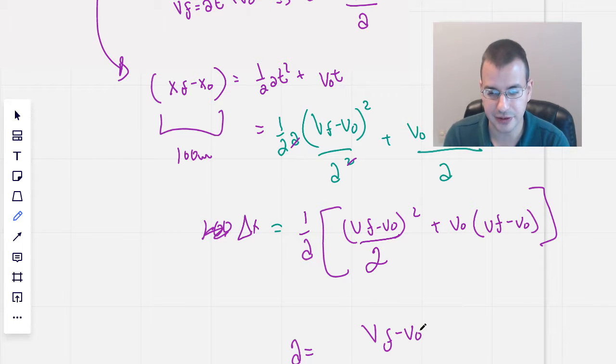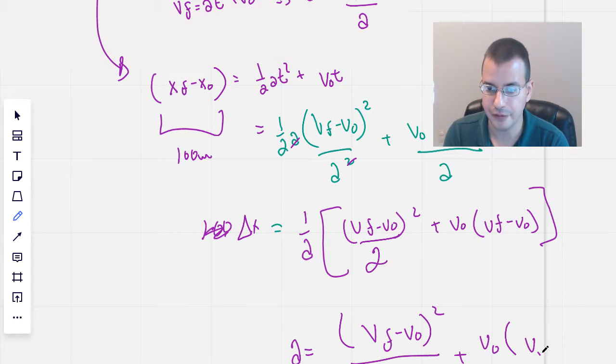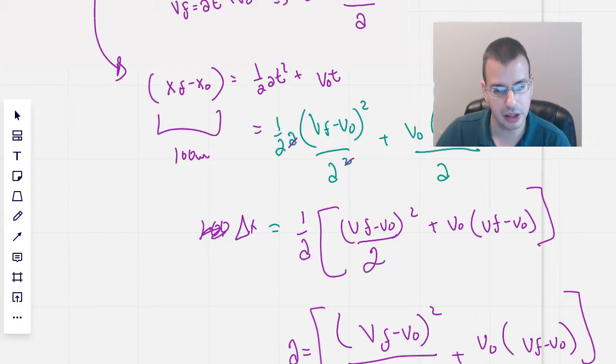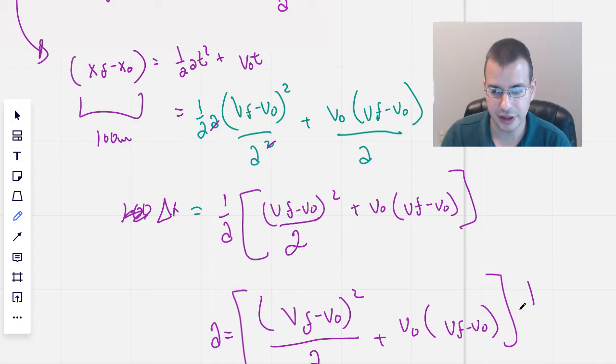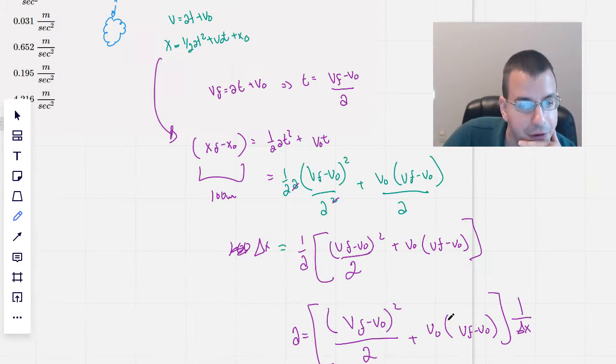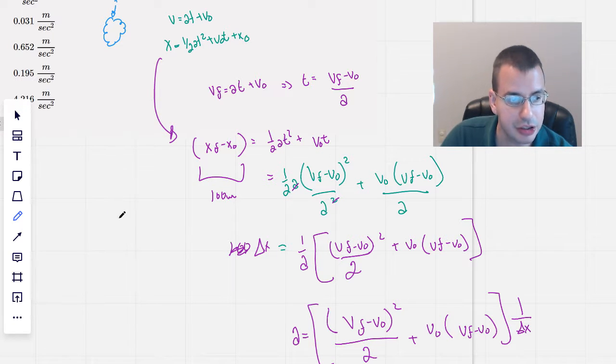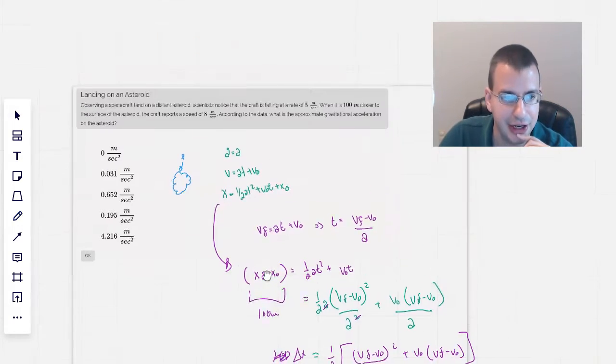V final minus V initial squared all over 2 plus V initial V final minus V initial. And then this whole thing will be divided by delta X. So I did a lot of rearranging there. I'm going to see if it works and then kind of explain my thought process if it works. If it doesn't work, I'll just pretend I never did it.